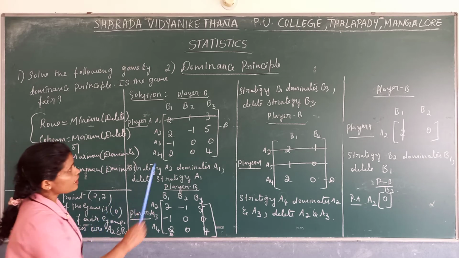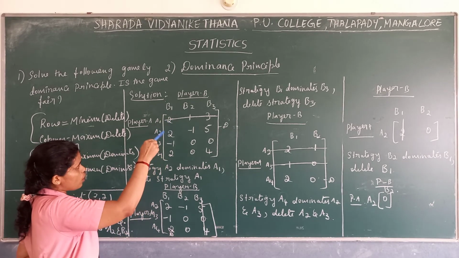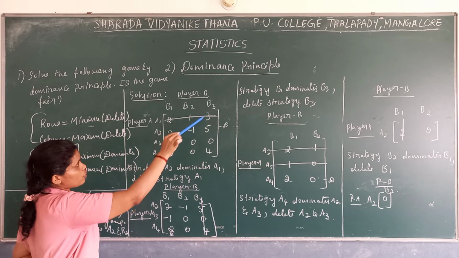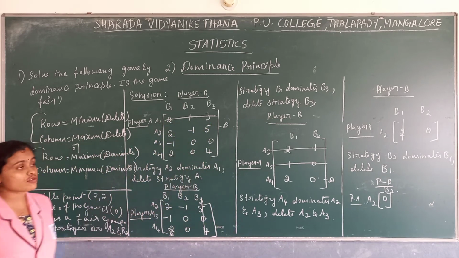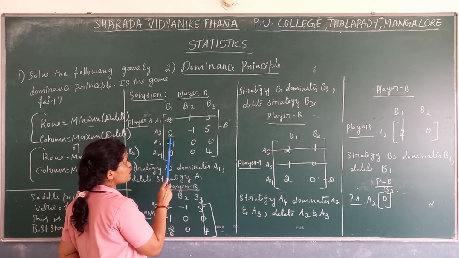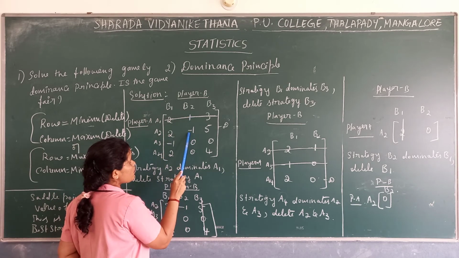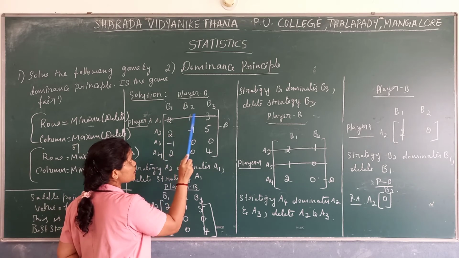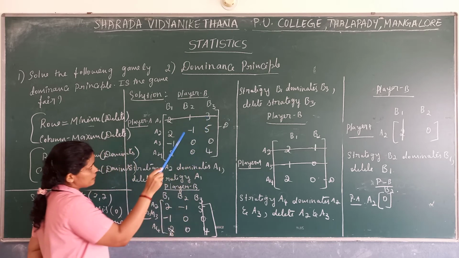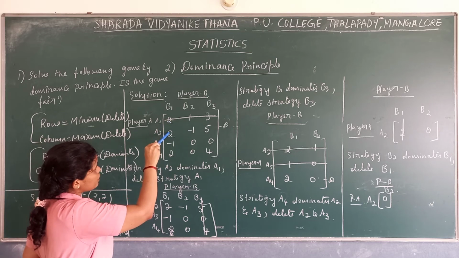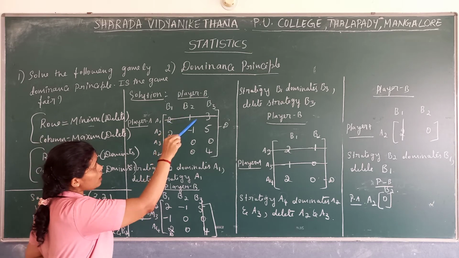Now you see here, we are comparing the first row with the second row. First values of the rows and the values of the second row. 2 and 2, it is equal. 1 and minus 1, it is greater. 3 and 5, it is greater. So we can see here it is equal, and here it is also equal.